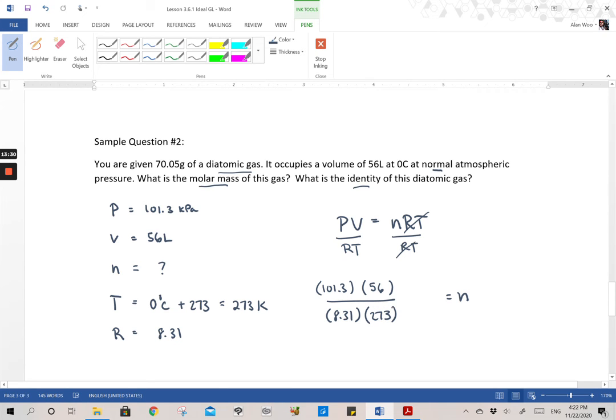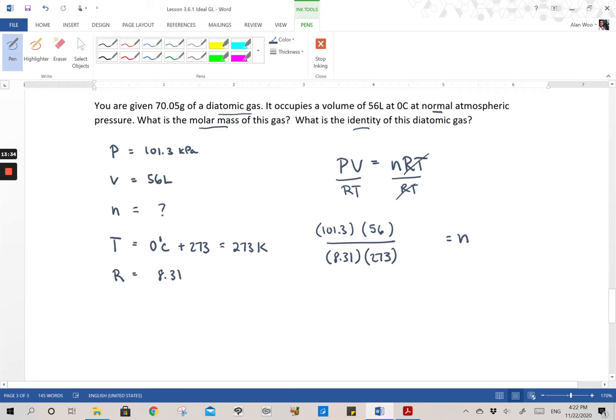Once I figure out this calculation, n is going to be equal to 2.5 moles. That's the moles that I've calculated for this gas.